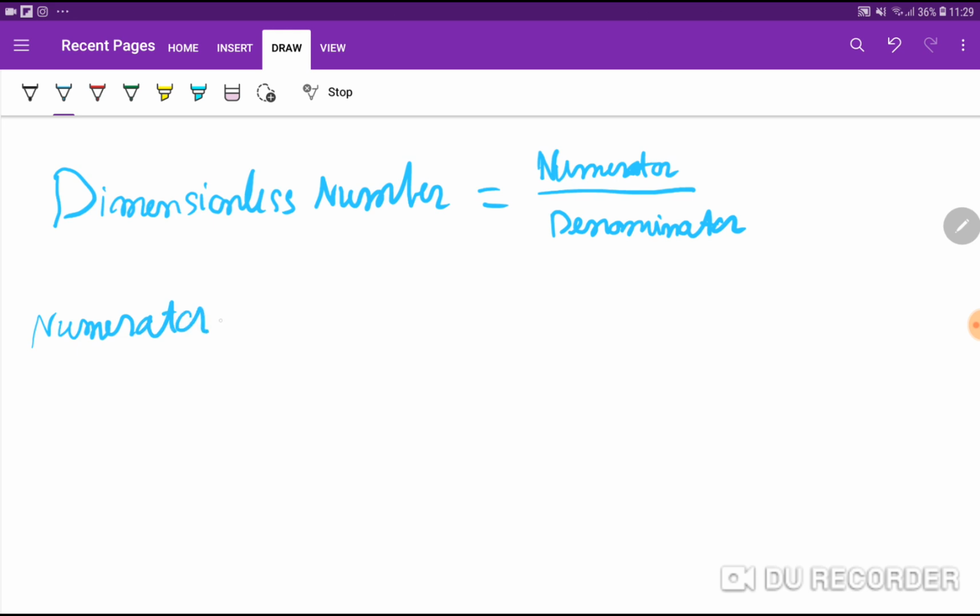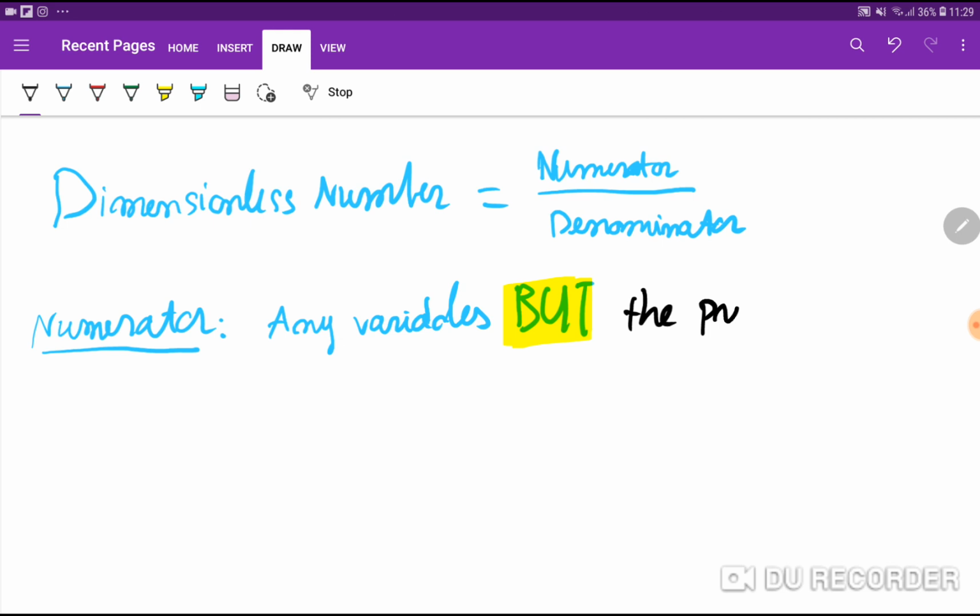The numerator is any variable except the primary quantities.